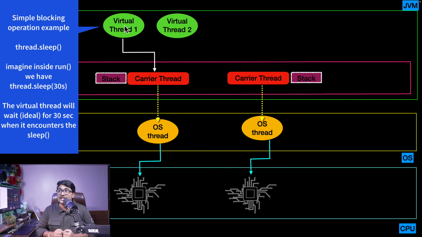That means if your virtual thread is running some code doing a blocking operation, and the thread goes on blocking, sitting idle, not doing anything, just waiting for the response to come back for the call that it has made, at that time what will happen?